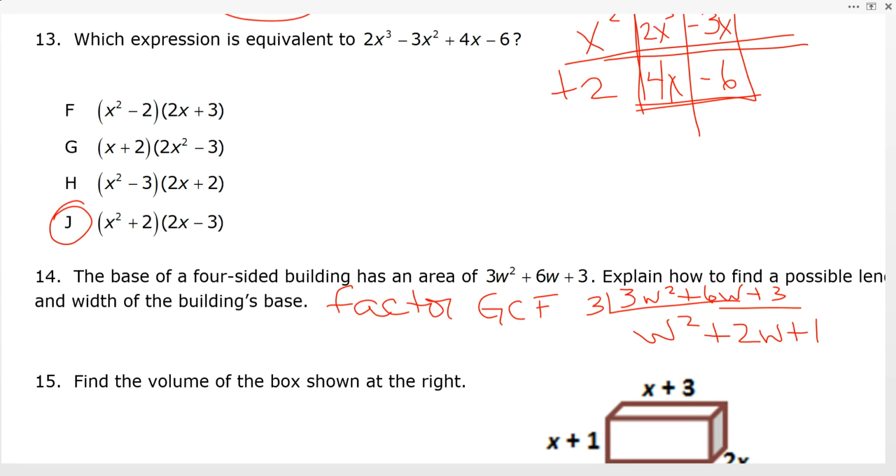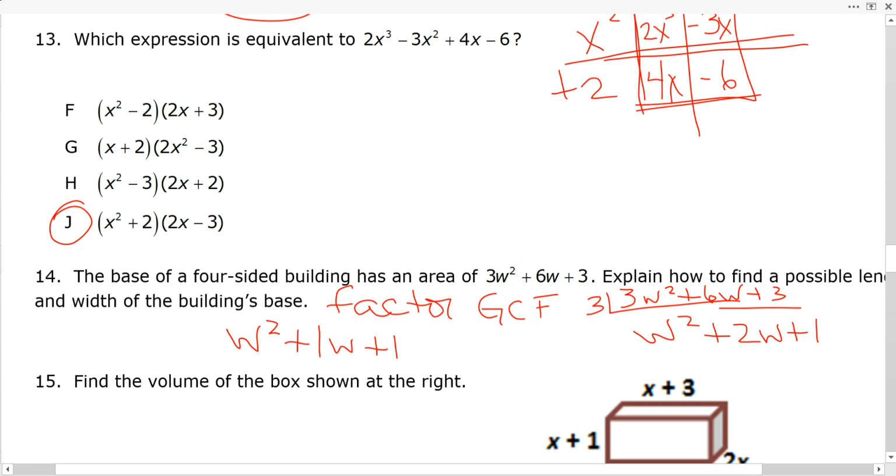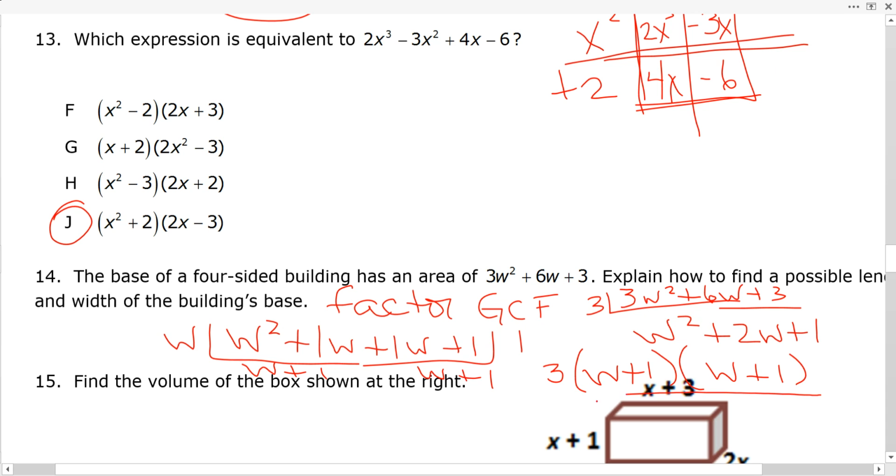I could do the box if I need to. The product is 1 and the sum is 2. The factors of 1 are 1 and 1, which make 2. So I have w squared plus 1w plus 1w plus 1, so I have w plus 1 times w plus 1. After I took out my greatest common factor, I have w plus 1 times w plus 1.